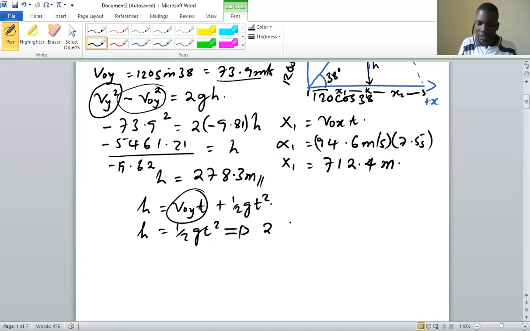Which is going to lead to 278.3 being equal to half by 9.81 t squared.